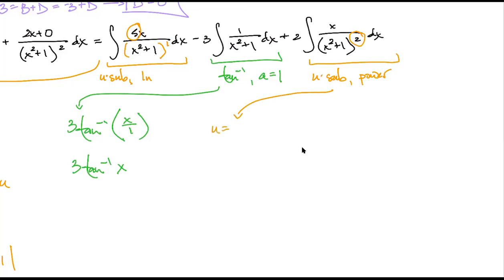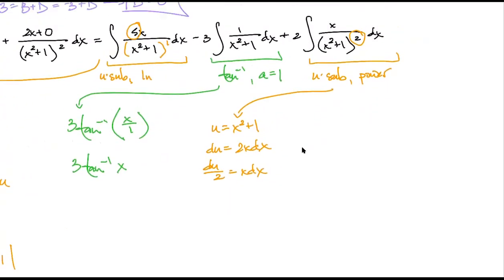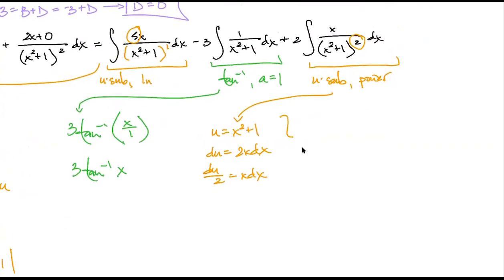So u equals x squared plus 1, du equals 2x dx, and du over 2 equals x dx. And so what that gives us in our integral is going to be 2 over 2, the integral of 1 over u squared du.